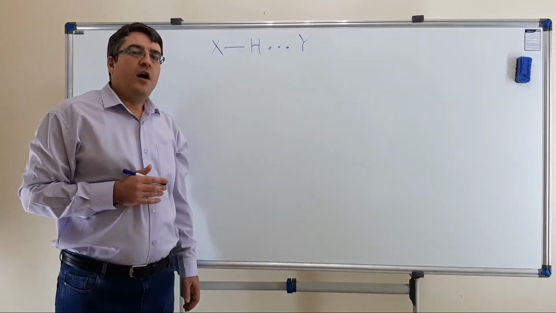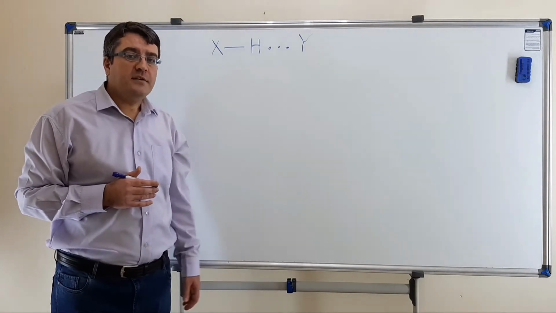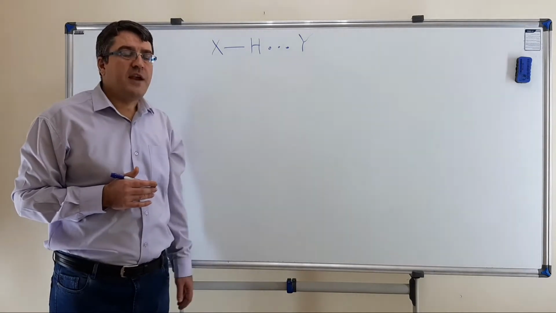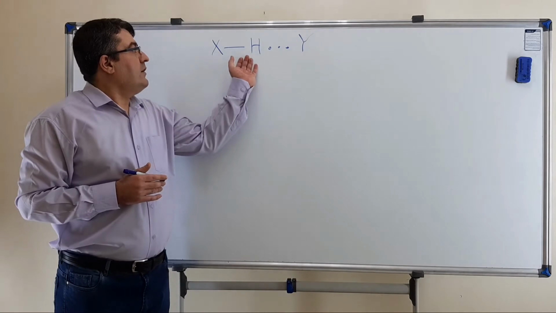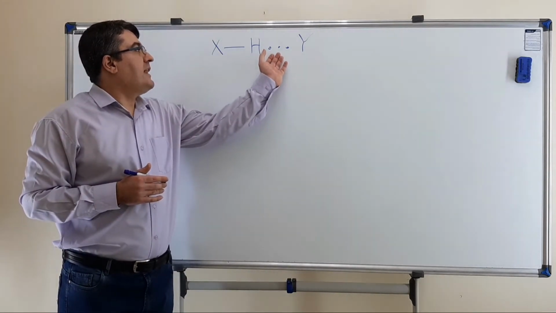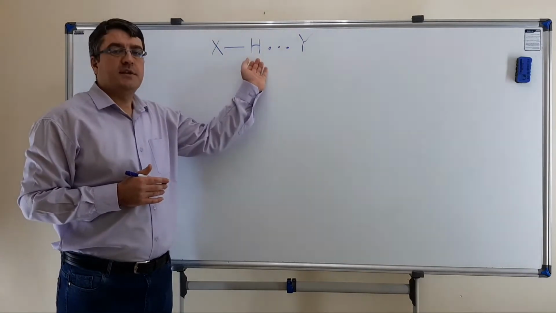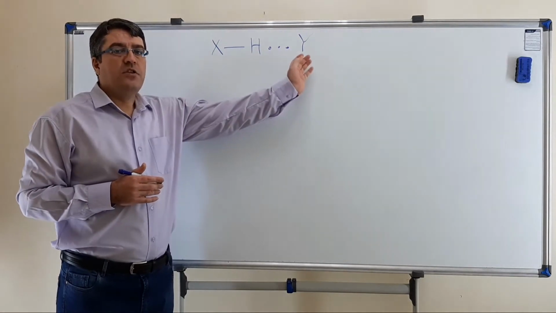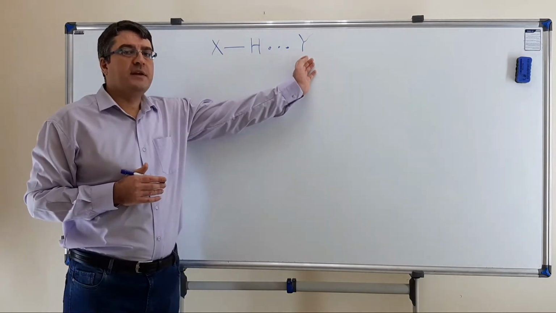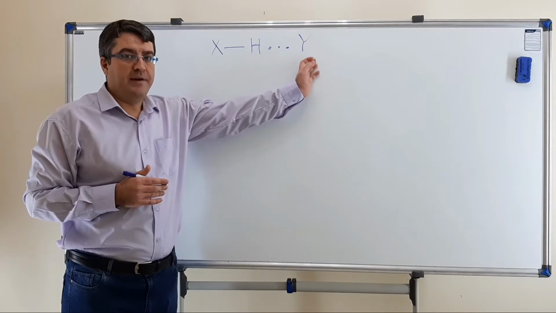From the point of view of orbital interaction or covalent interactions, here we have the orbital interaction between the anti-bonding molecular orbital of XH, sigma star, and non-bonding molecular orbital of Y, or simply its lone electron pair.